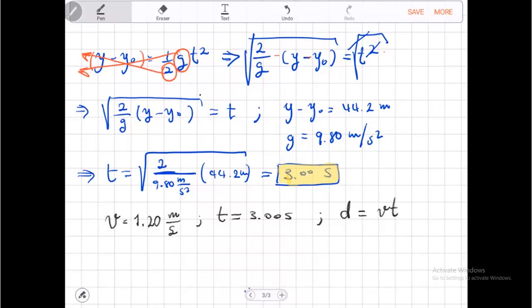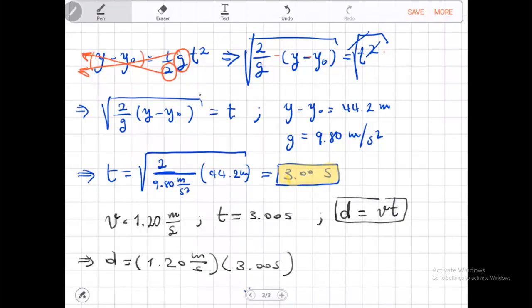So d is equal to the velocity 1.20 meters per second multiplying 3.00 seconds.